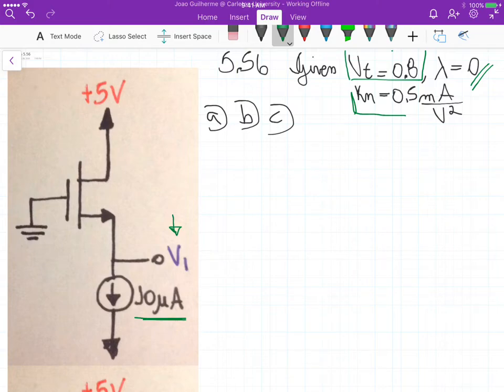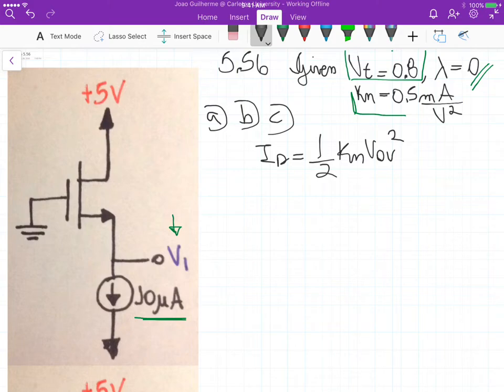So first thing is that we can consider that the NMOS is operating in the saturation region, and for the saturation region we know that the current ID is equal to 1/2 of the device transconductance times the overdrive voltage squared, right?